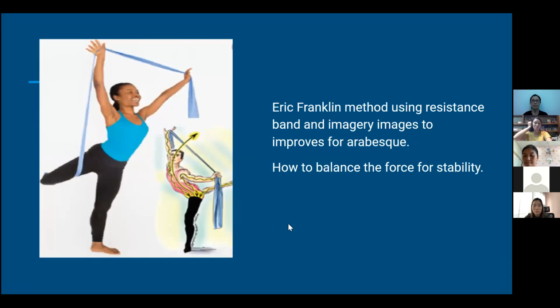Okay, this is another method by Eric Franklin. He's the guy that wrote the book Imagery, Through Movement. You can see right here this concept using TheraBand, which many years back I already used to improve my students.